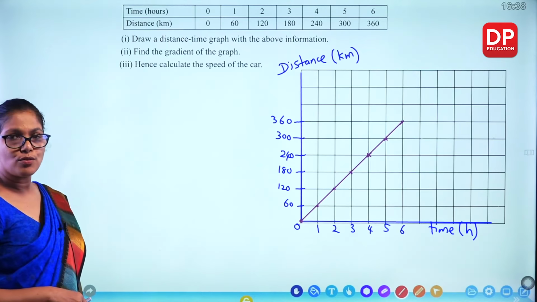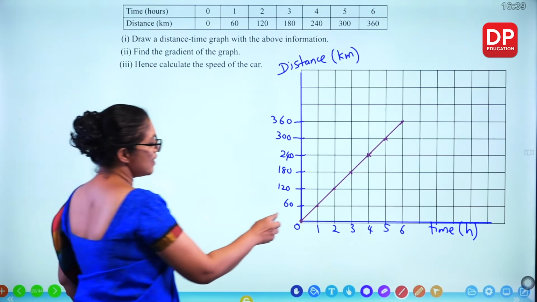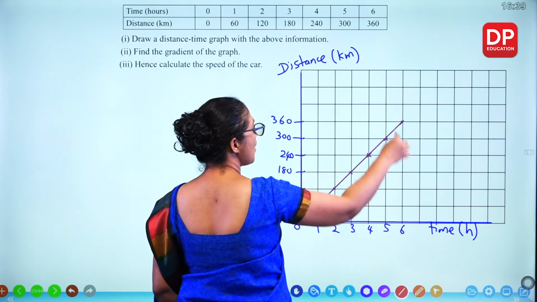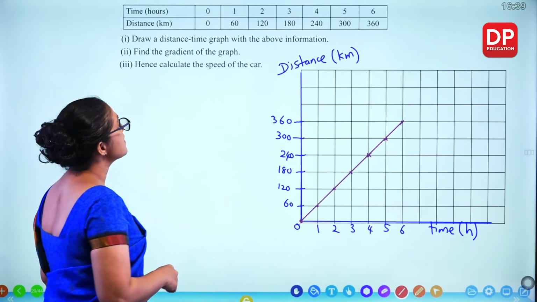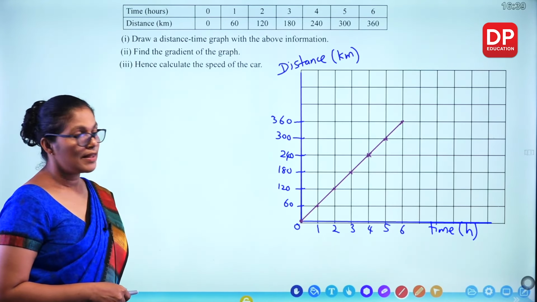So how can we do that? We can take any two readable points. I'll take the full graph. So what's the total distance traveled? 360. And what's the time? Within 6 hours.